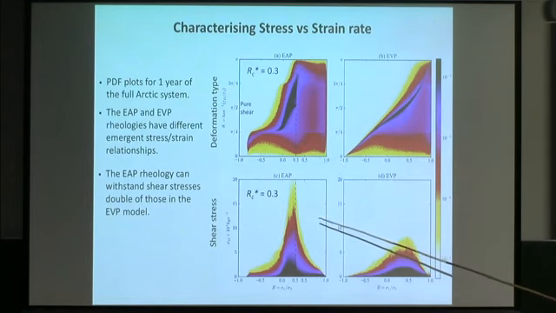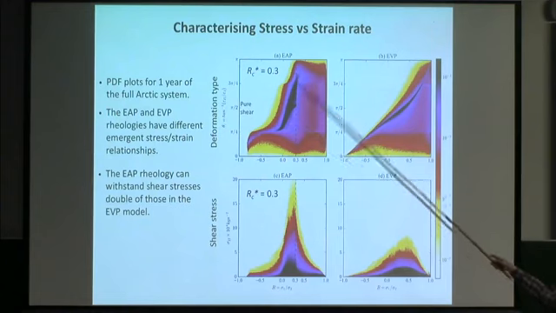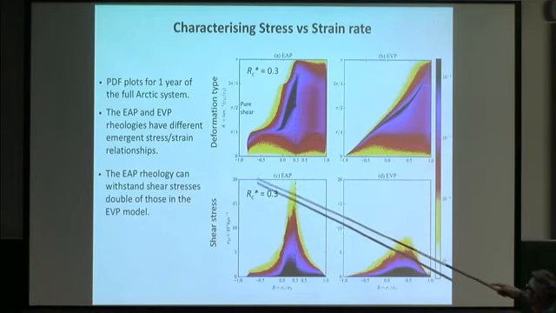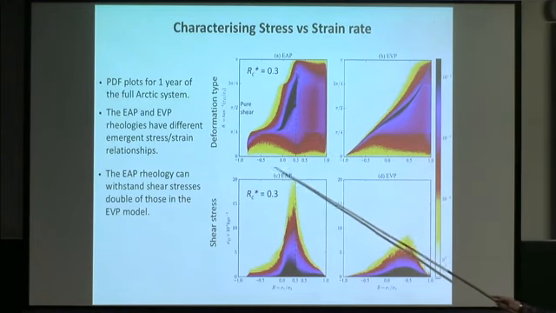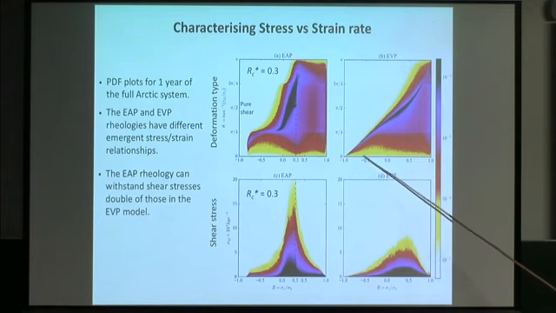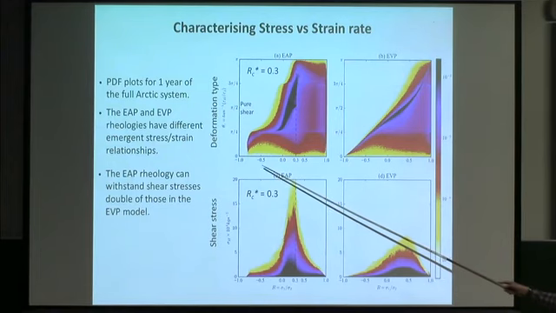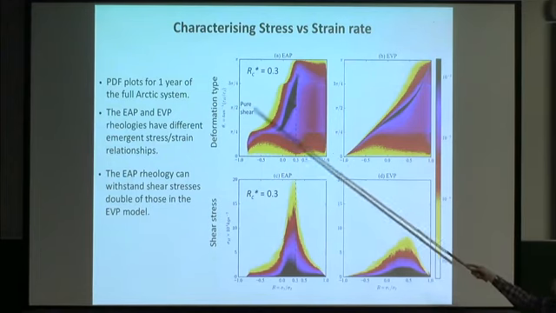So we've looked at the deformation type versus the confinement stress. That's the confinement ice stress, that is. In the EAP model, that's the anisotropic model on the left-hand side, and the older isotropic model on the right-hand side. So this vertical axis describes the type of deformation.